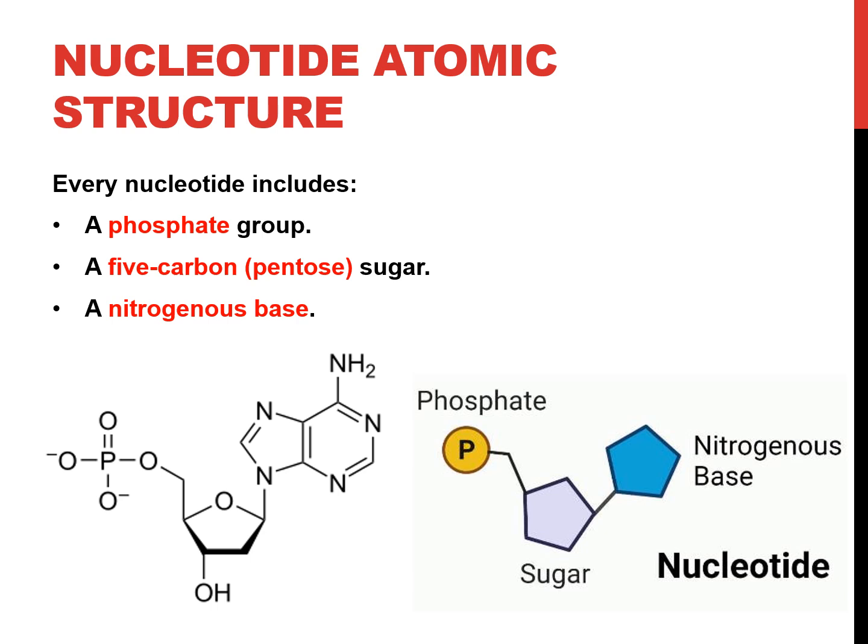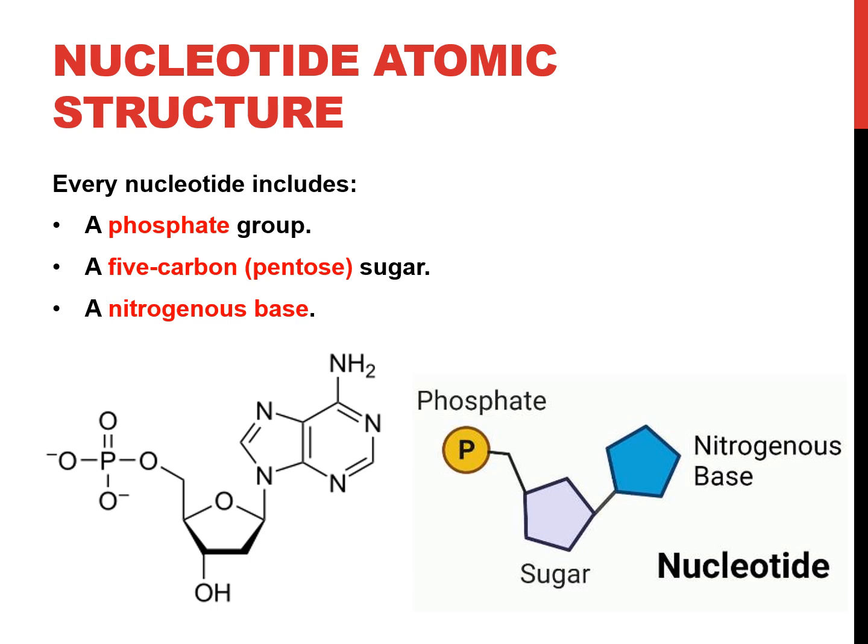So pentose, a 5-carbon sugar. So 1, 2, 3, 4, 5, always represented with that pentagon. Sugar. And then you have a nitrogenous base, which will always change. It can be an A, it can be a T, it can be a C, it can be a G, and it can be a U as well.